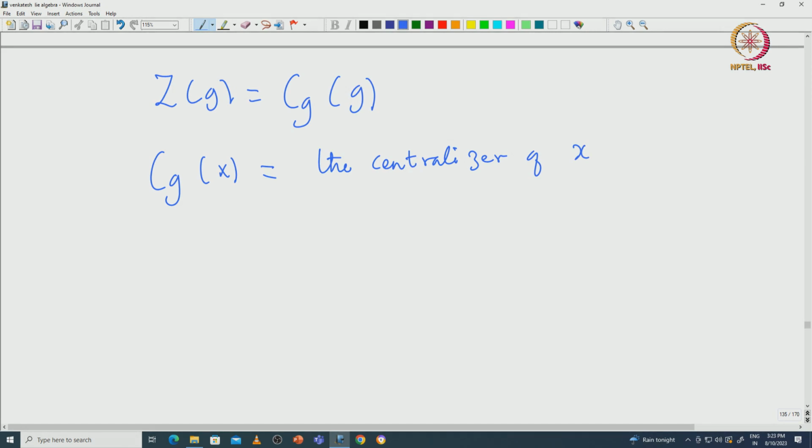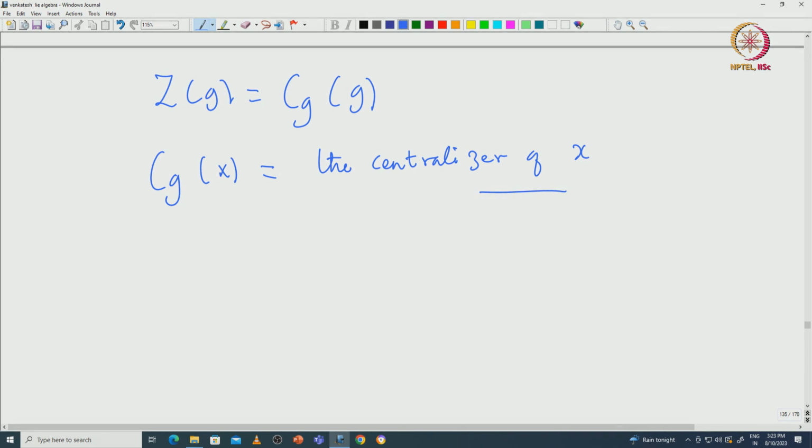This centralizer of a given element will play a bigger role later in the theory of semi-simple Lie algebras. We will actually be looking at centralizers of particular elements called regular elements. When we talk about semi-simple Lie algebras, I will emphasize more on this centralizer of regular elements.